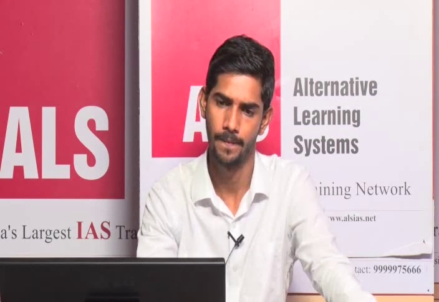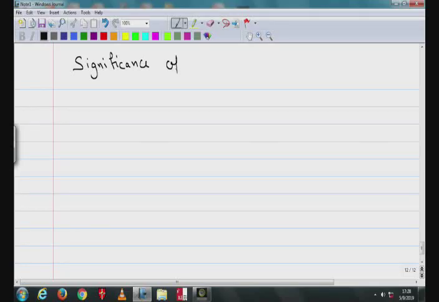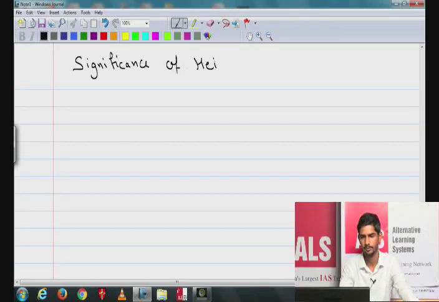Okay, one more thing before de Broglie, you should write the significance of Heisenberg's principle.